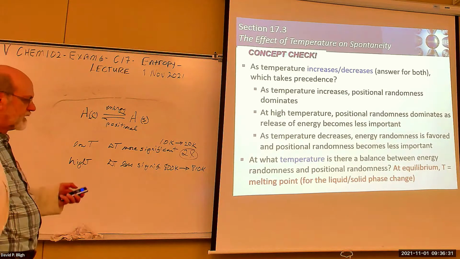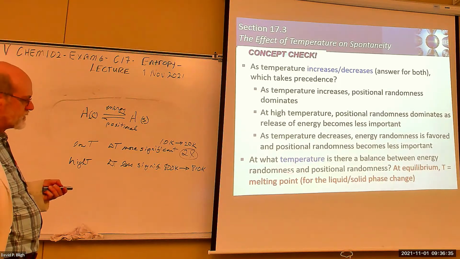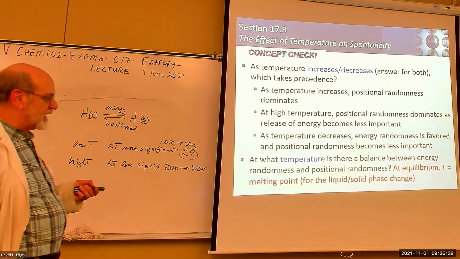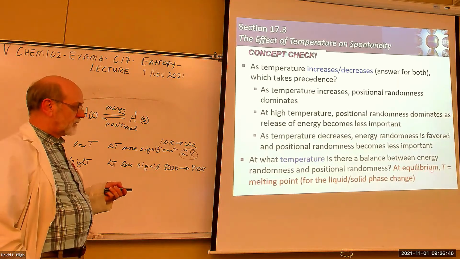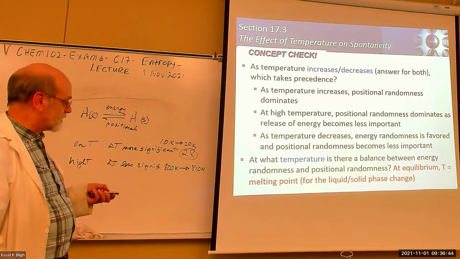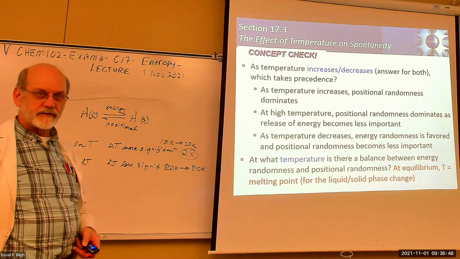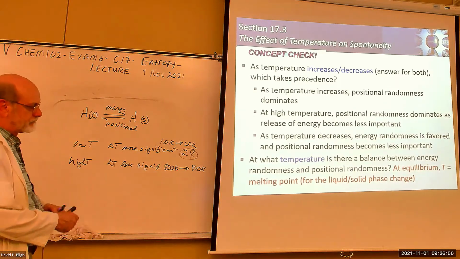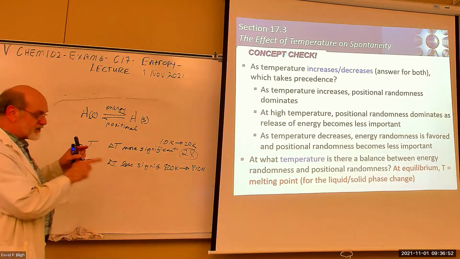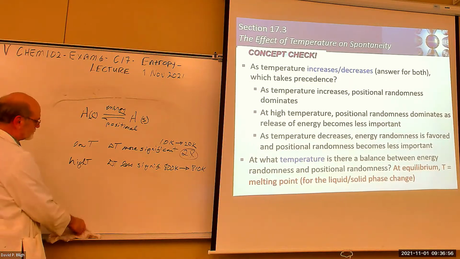Okay. So at what temperature is there a balance between energy randomness and positional randomness? At equilibrium. When you're at equilibrium, then they're in balance. And that's melting points, boiling points, right at phase changes is when those two are in balance.